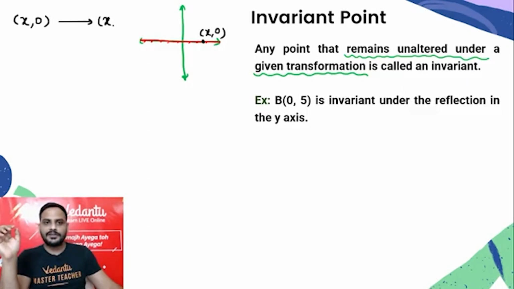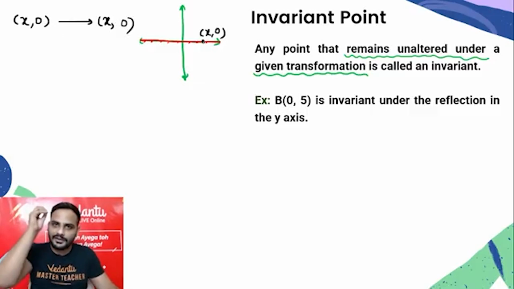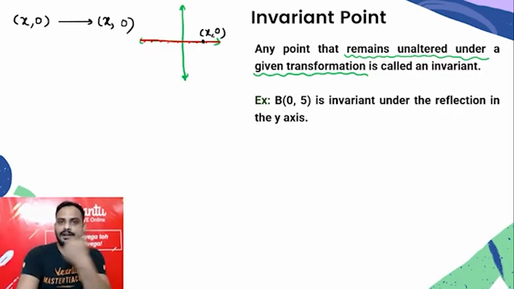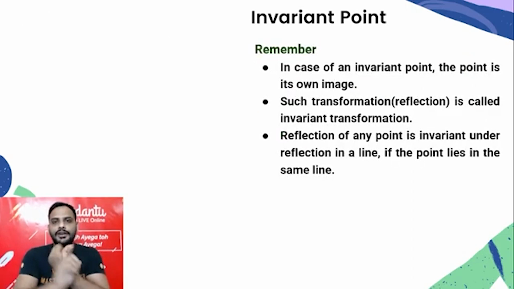The x coordinate remains the same, the y coordinate will change its sign. The sign of 0 is minus 0, which is again the same thing. Since the object is present on the axis, it stays the same. So when we do the reflection under the x-axis, the points present on the x-axis are invariant points.